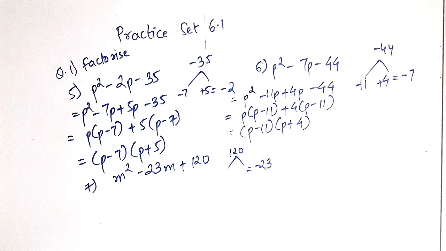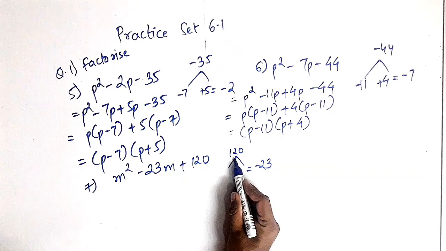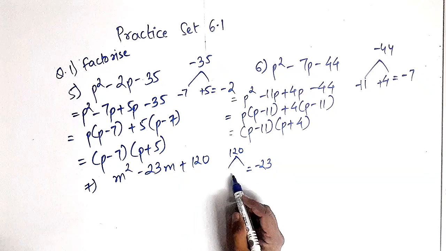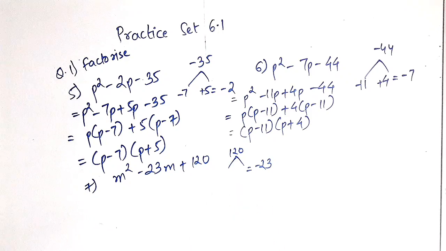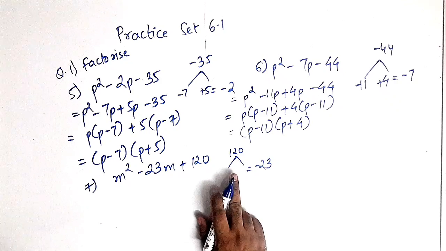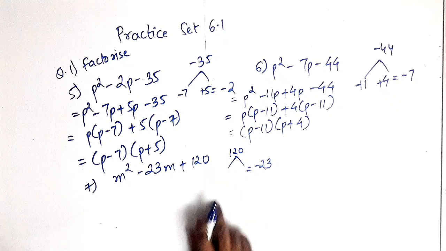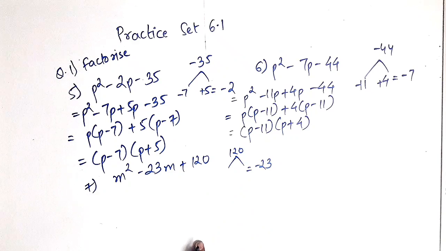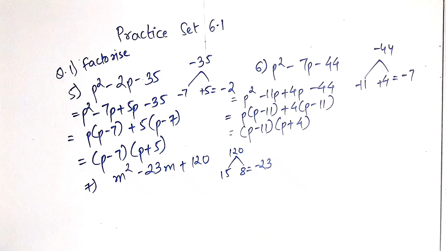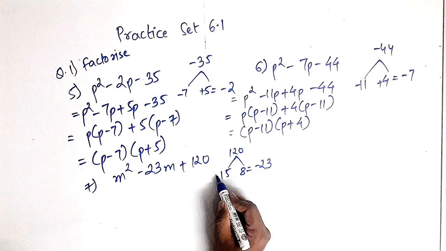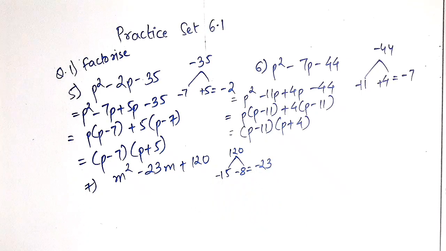120 does not have too many factors. 12 tens will give me 120. Then 24 5 times is also 120. If you are not getting it, 15 eights are 120, it comes in the table of 15 also. So you will write 15 and 8, you are getting 23. But you want minus 23, so very simple, minus minus.